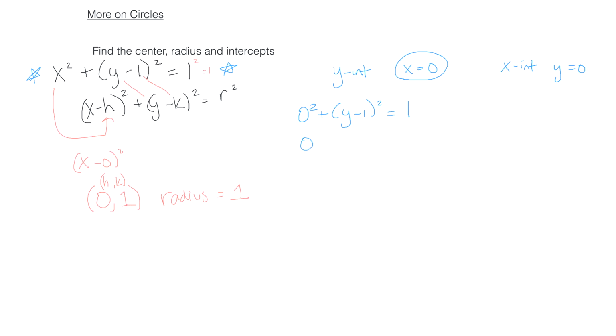0 plus y minus 1 squared, well, I can do the square root method: square root of this and square root of the other side. Now I have y minus 1 equals 1. This is really plus or minus 1.